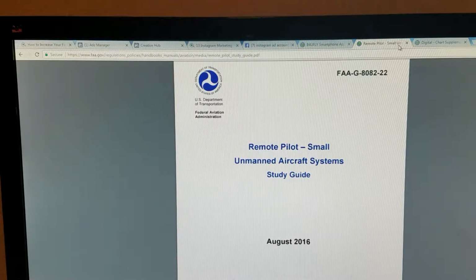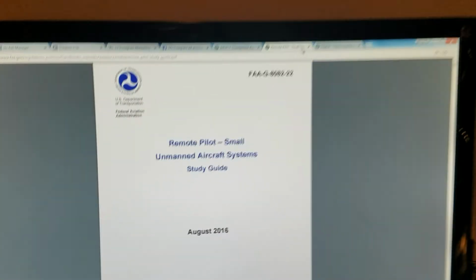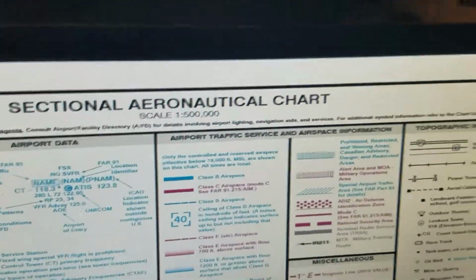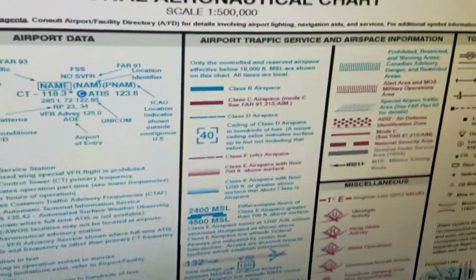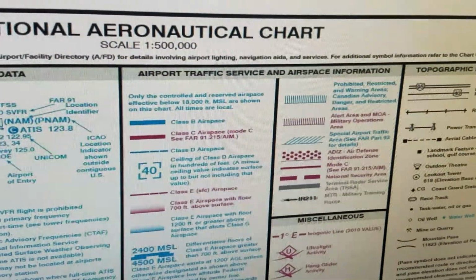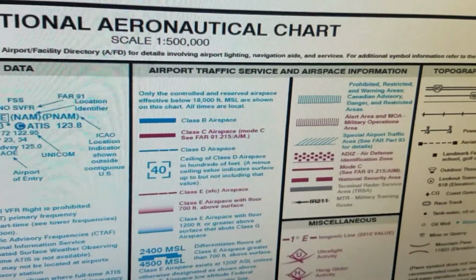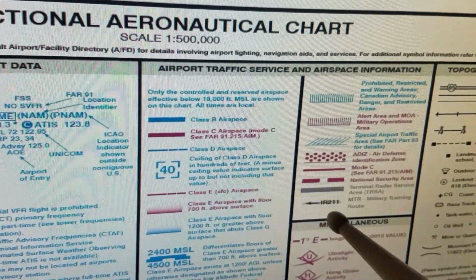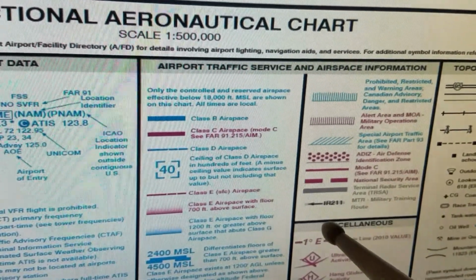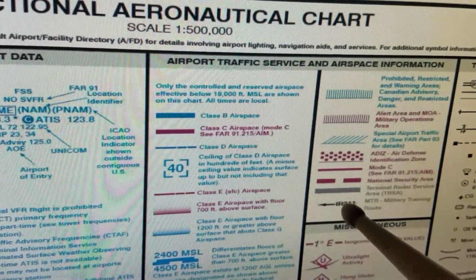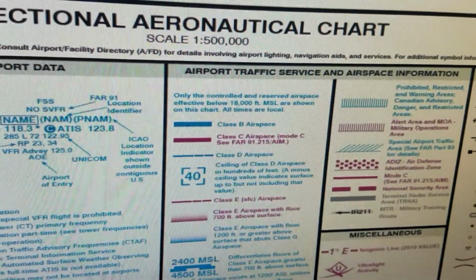Yeah, on the maps, I also wanted to show one other thing. Yes, let's get into the aeronautical chart. See, this shows IR 211, and even if you have VR 211, there are military lines.